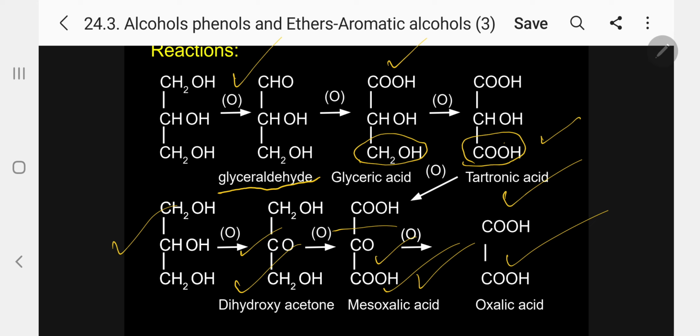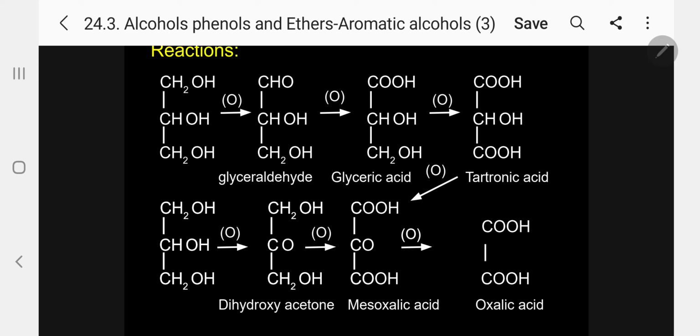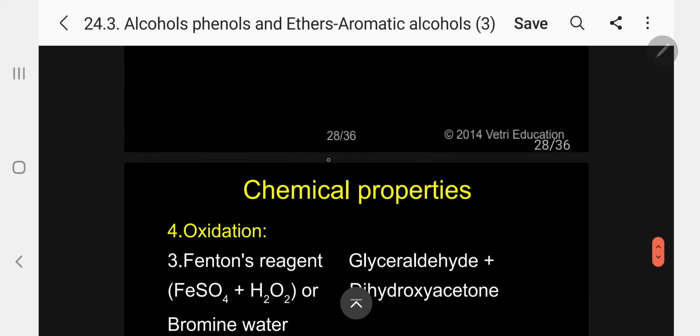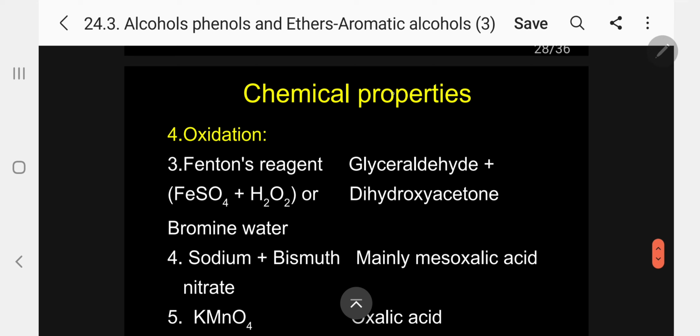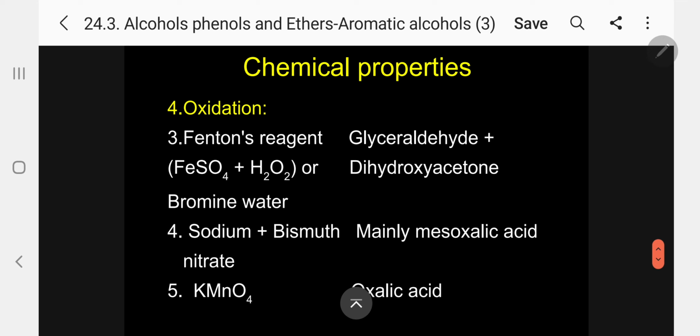Just see, this is the structure. Now you have to memorize this. Kindly follow. Dilute nitric acid gives glyceric acid. Concentrated nitric acid gives glyceric acid and tartronic acid. Fenton's reagent, that is ferrous sulfate and hydrogen peroxide, or bromine water, gives glyceraldehyde and dihydroxyacetone.